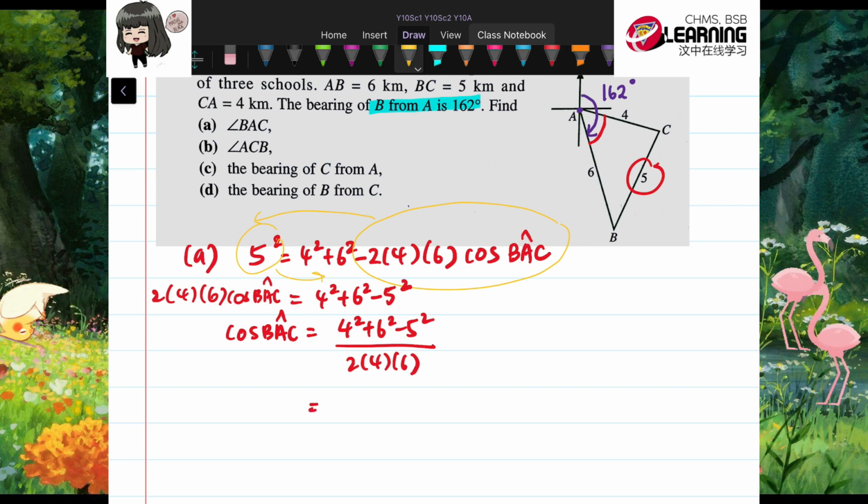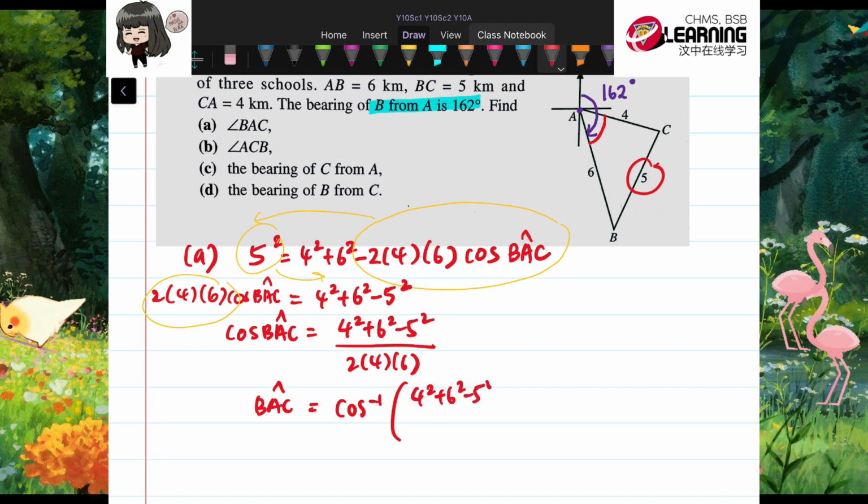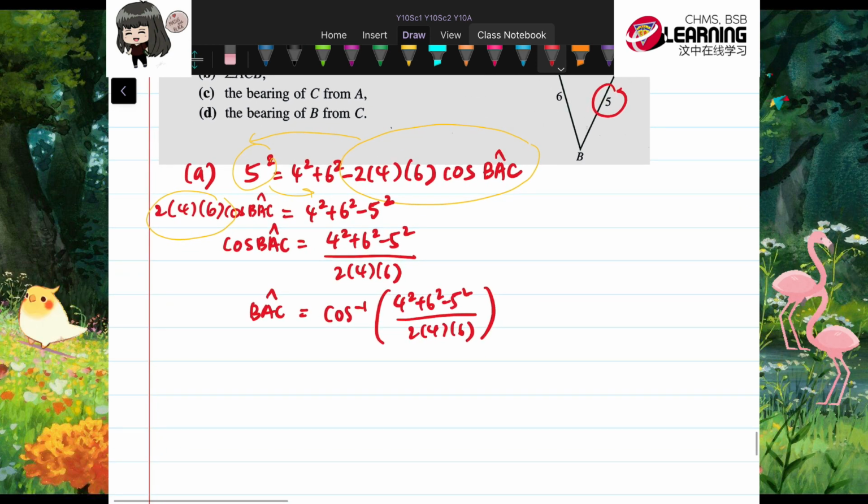I move this to the other side, it becomes a divider, and then cos inverse the whole thing. You can press all this in your calculator to get the answer straight away. It's 55.7711, and to 3 significant figures it is 55.8 degrees.